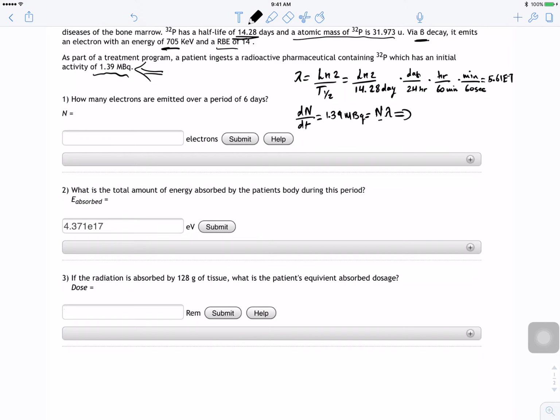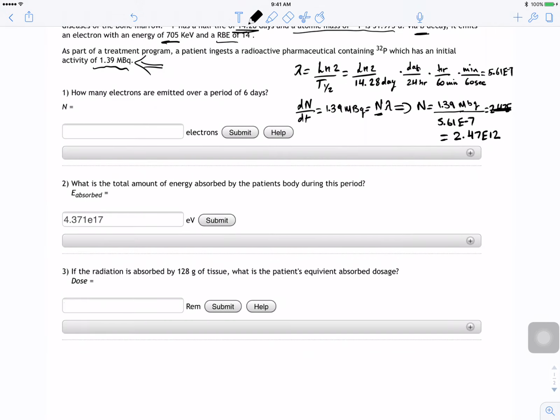From that we can find N. So N is going to be equal to 1.39 mega BQ divided by the lambda, which is 5.61 e to the negative 7. From this I got 2.47 e to the 12. Let me write it down over here. That's how many particles we have.